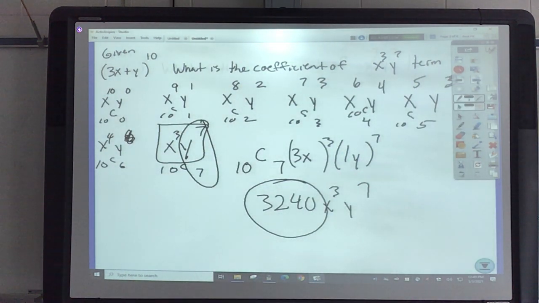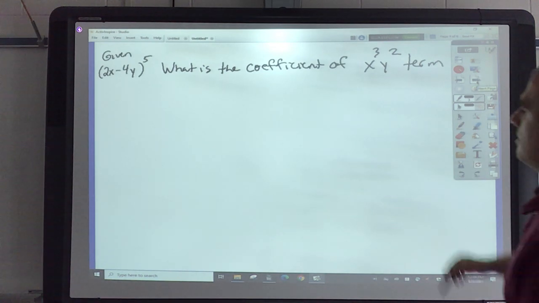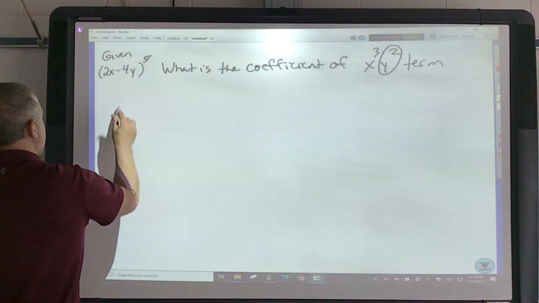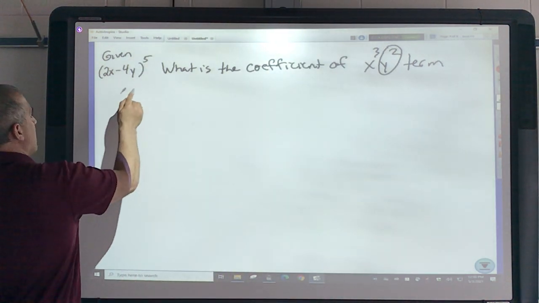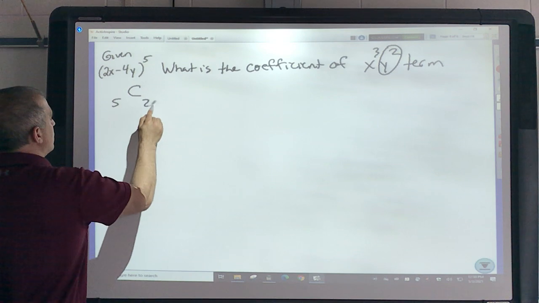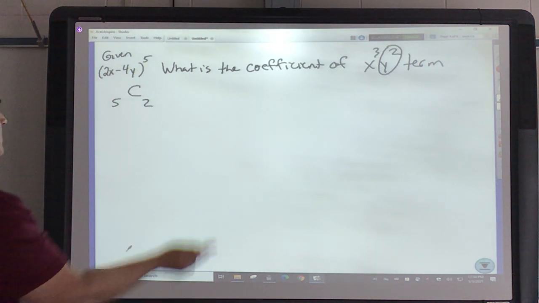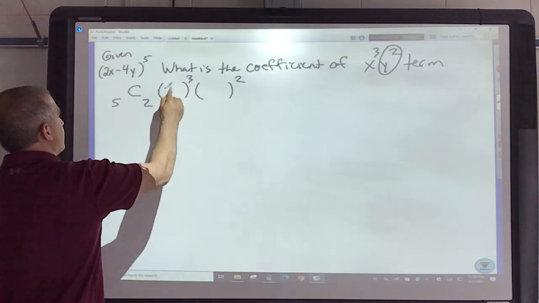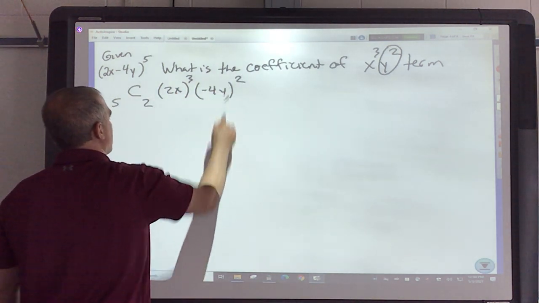All right. So, all right, look at this one. I know that I'm going to show you the two ways. I know I'm going to be in the 5 choose 2. All right. And then very simply, since I'm doing third and squared, I have 2x, I have -4. All right.